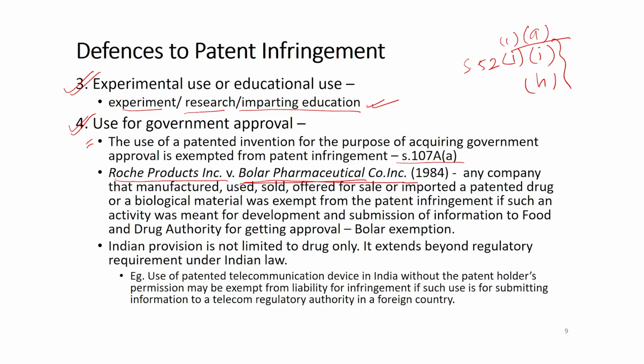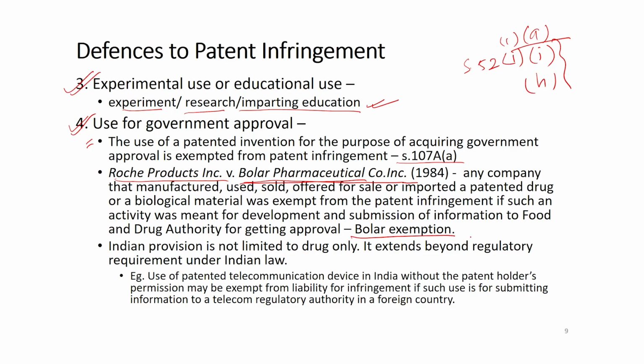The American court in this case, in the year 1984, says any company that manufactured, used, sold, offered for sale or imported a patented drug or a biological material is exempted from patent infringement liability if such an activity is meant for development and submission of information to the Food and Drug Authority for getting approval. Such an exemption is called Bolar exemption.